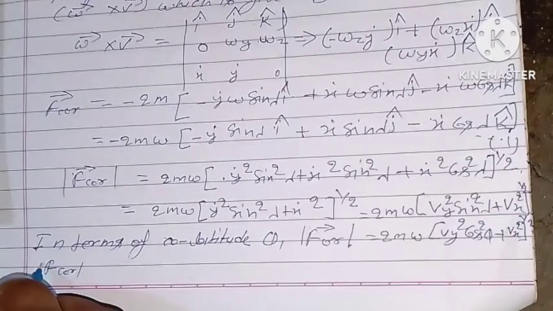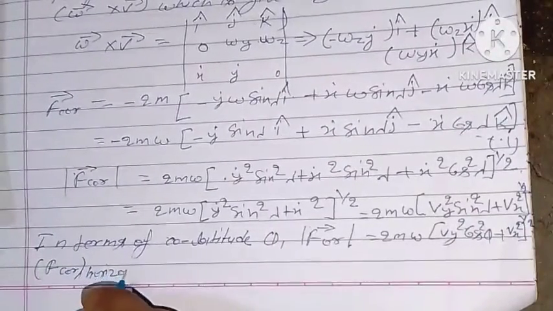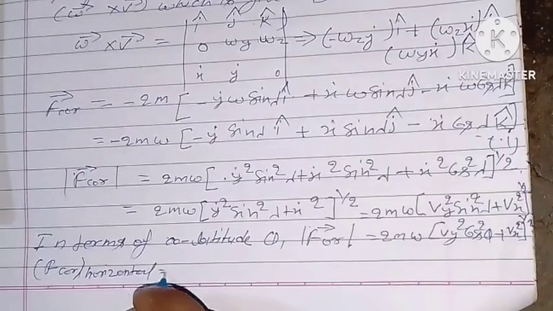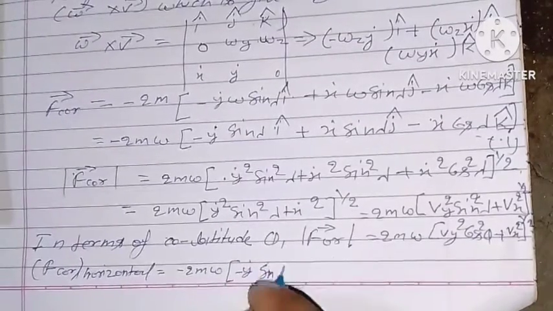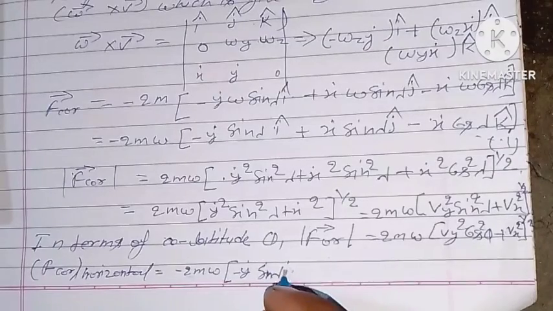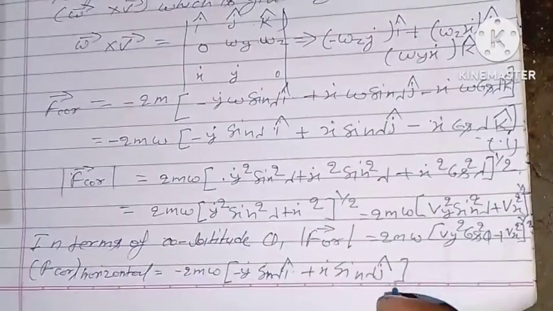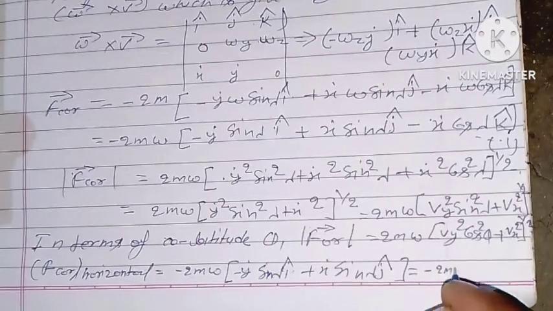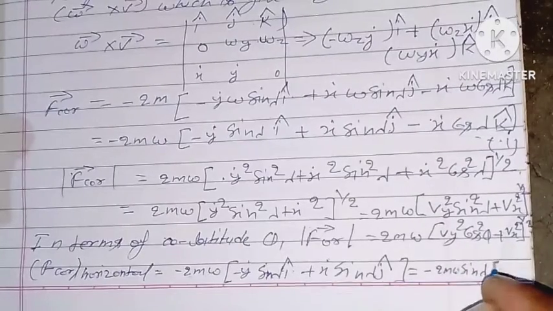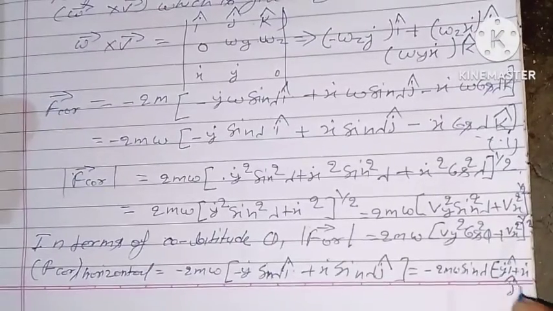The horizontal components of Coriolis force are given by F Coriolis horizontal equal to minus 2m omega in bracket minus y dot sin lambda i plus x dot sin lambda j, equal to minus 2m omega sin lambda in bracket minus y dot i plus x dot j.